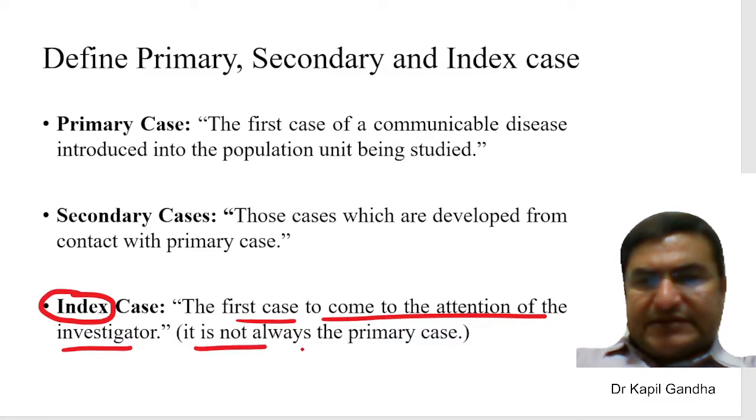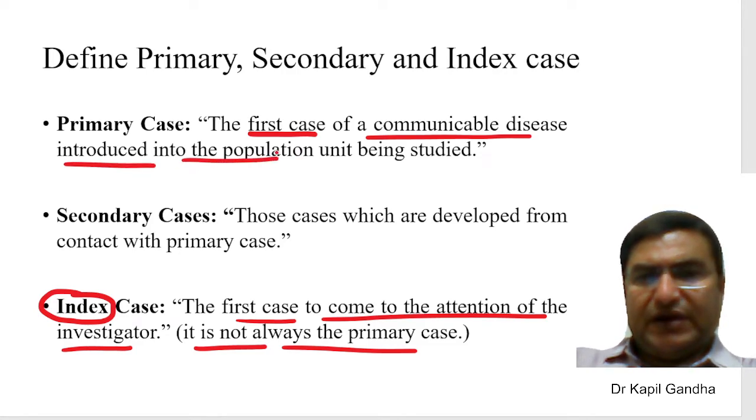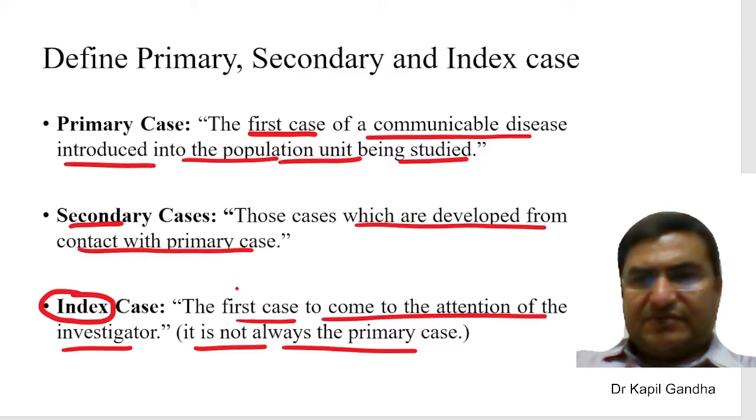It is not always a primary case, because once the disease has spread in the community, it may come to the notice of the investigator late, by which time a few secondary cases must already have developed. What is a primary case? The first case of a communicable disease introduced into the population unit being studied. What is a secondary case? The cases which develop from contact with the primary case.